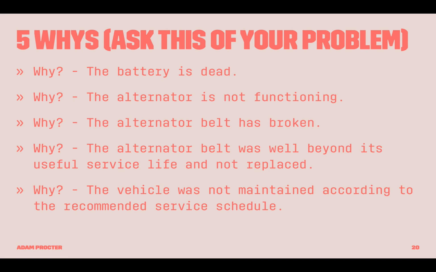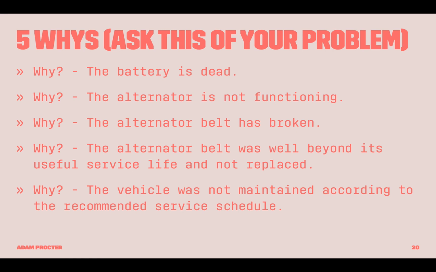undertaking, because if we stop at why the battery is dead and we just go and get a brand new battery, we certainly wouldn't have found out the real issue here, which is that the vehicle needs to have a proper service schedule. And in fact, what we needed to purchase at this point was not the battery, it was definitely the alternator. In fact, it might not have even been the alternator, we may have only needed to replace the belt.